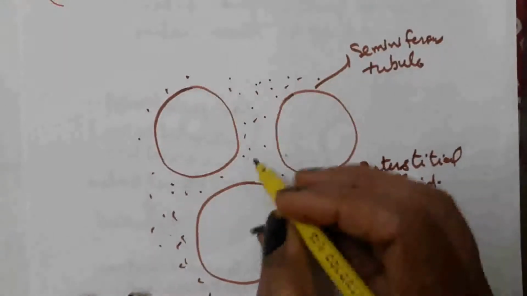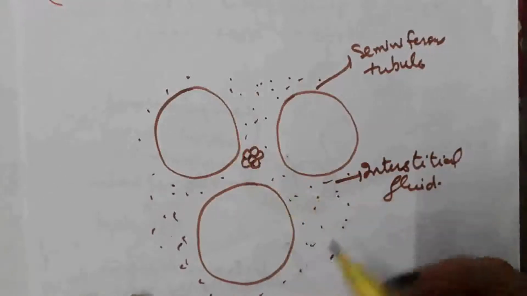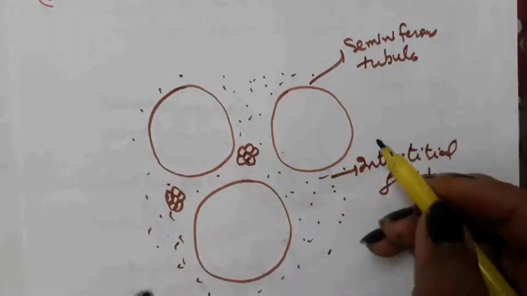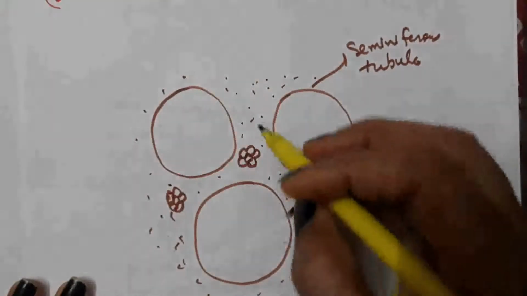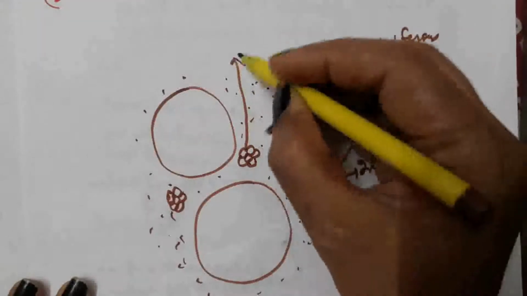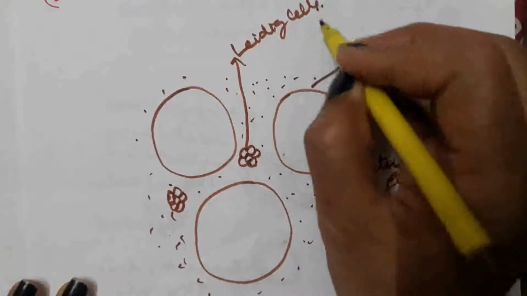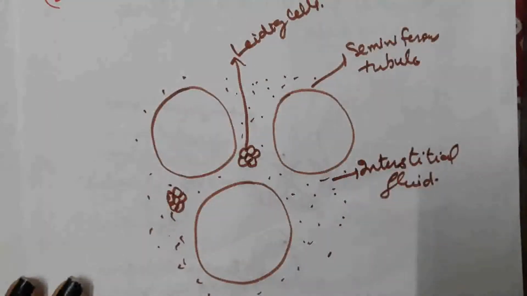Inside the interstitial fluid, there is a group of cells which are endocrine in function, and these cells are known as the Leydig cells, which release the male sex hormone, that is testosterone or androgen.